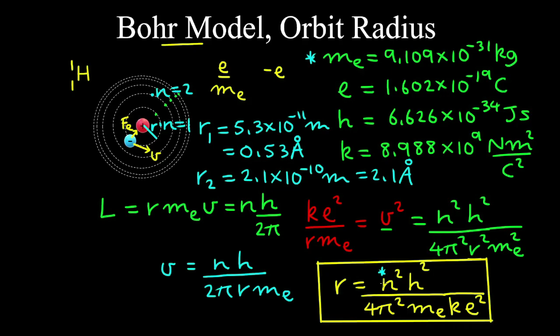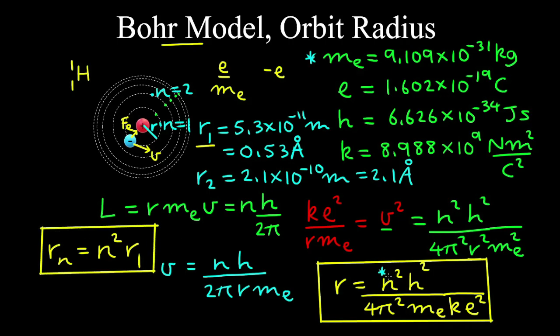So in general, the radius of some orbit n is simply n squared by the radius of the first orbit, because we use n equals 1 to compute R1, and the rest of the constants are the same.